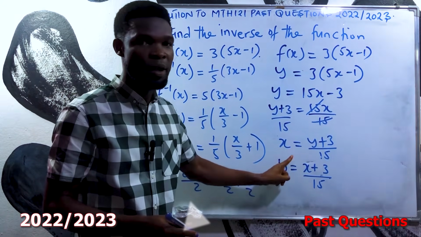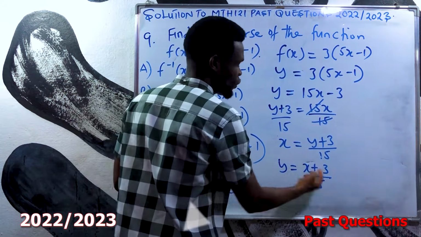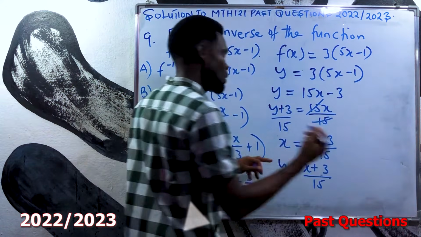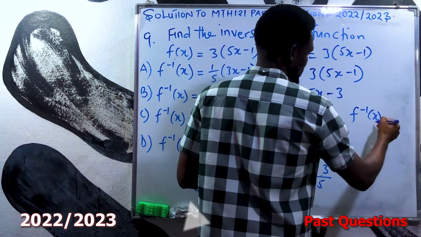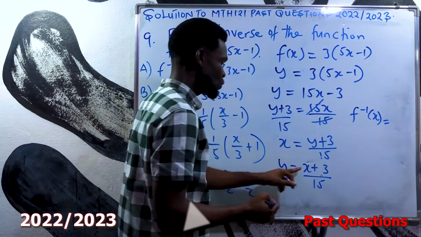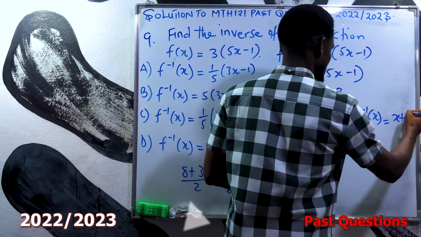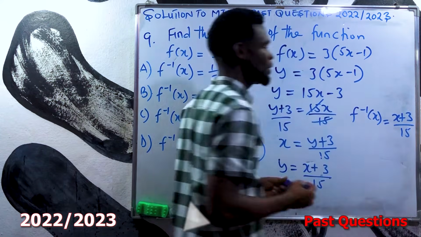After interchanging the position of x and y, then automatically the inverse of the function, which is written as f inverse of x, will be equal to x plus 3 all over 15.